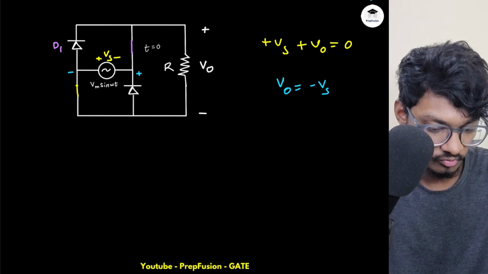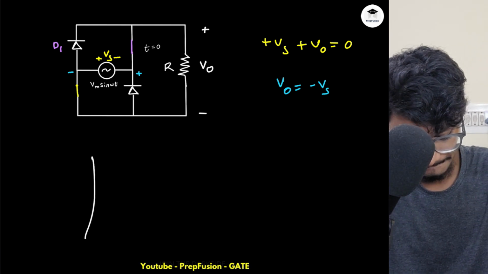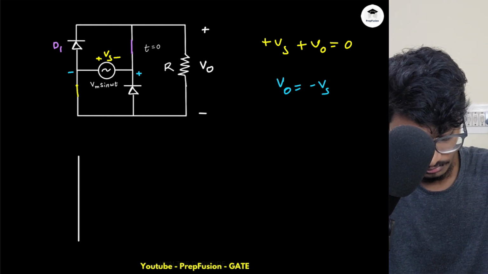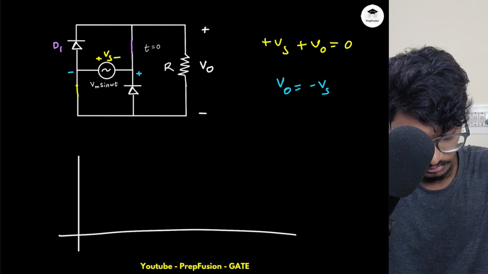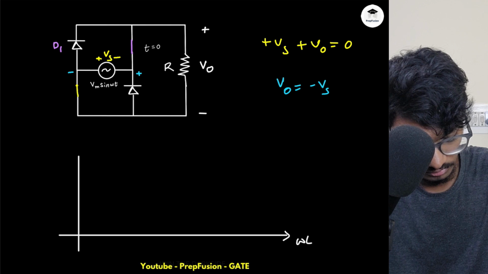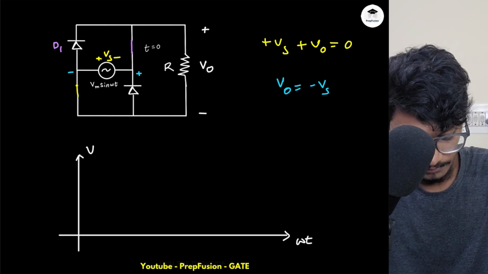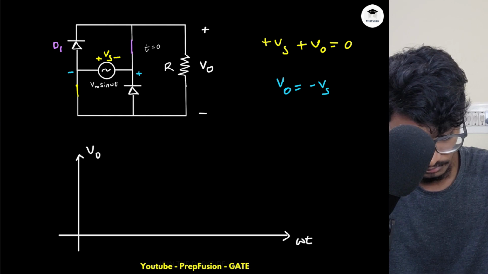So how will the output voltage waveform look? The output voltage waveform will look something like this. VO is this.